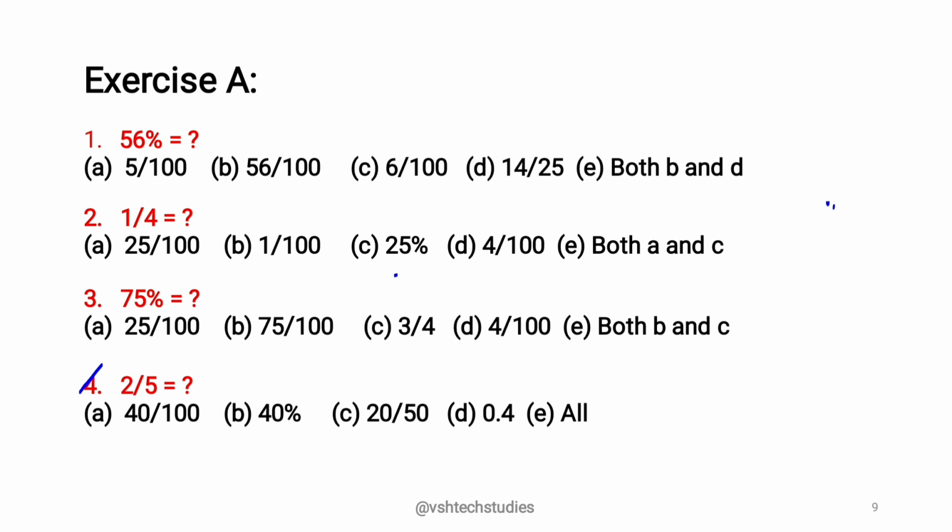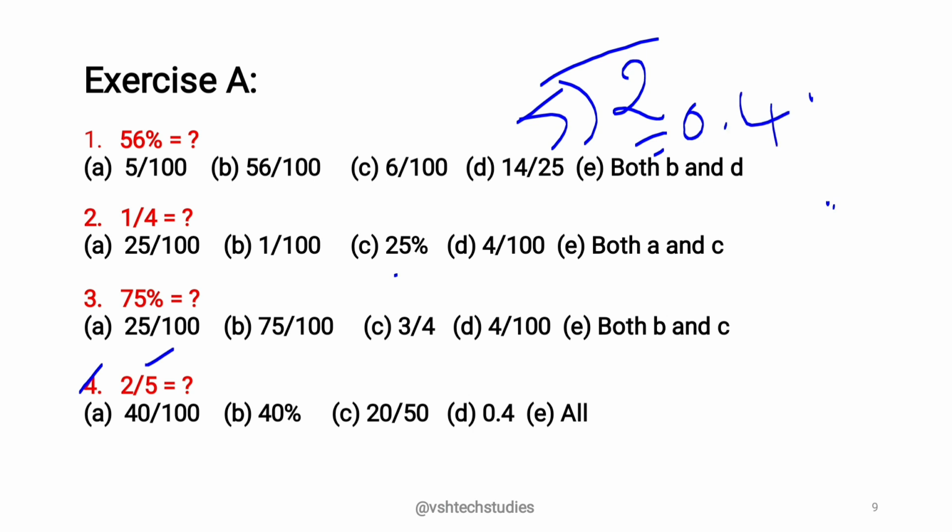Next, fourth problem, if you take 2 by 5. So 2 by 5, if you divide 2 by 5, it is equal to 0.4. Okay. So 2 by 5 is also equal to 0.4. Then 0.4 means it is 40%. In percentage, we have already learned how to convert from percentage to fraction and from percentage to decimal.